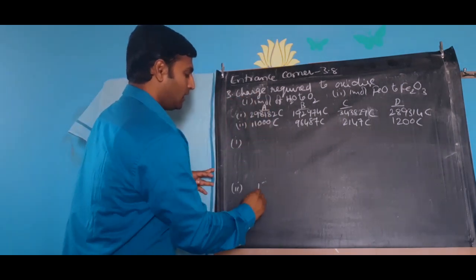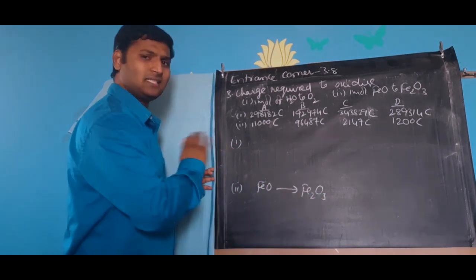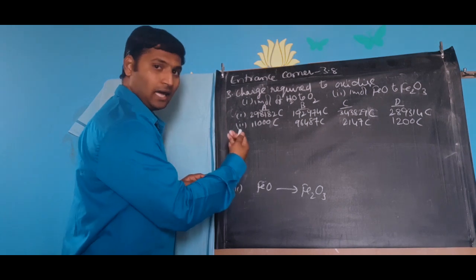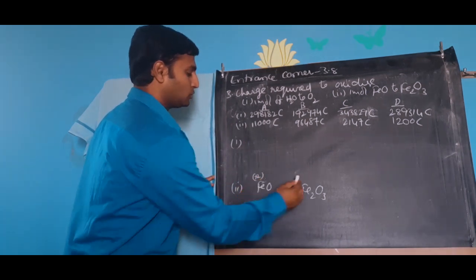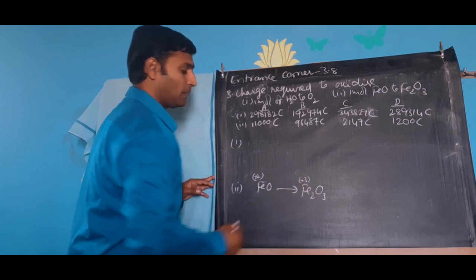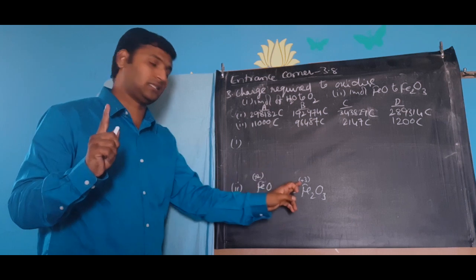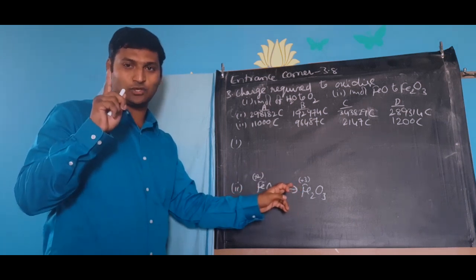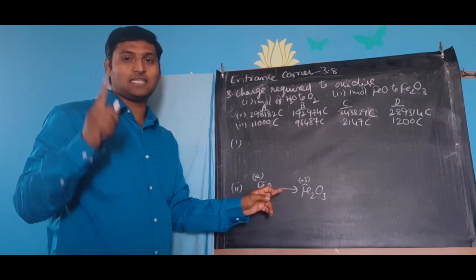See, ferrous oxide to become ferric oxide, balancing is fine, overall reaction is fine. But as ferrous, it has +2 charge. As ferric, it has +3 charge. Means for each iron atom to oxidize, it takes only 1 electron. So in this case, the number of electrons involved, or the valency, is 1.